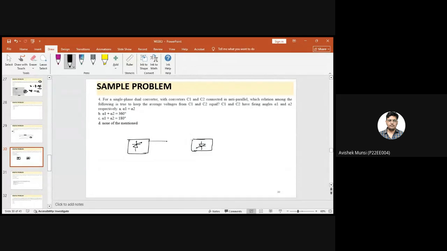You have the load in between of this, and the supply is connected. So you are asked what will be the firing angle if this is C1 and this is C2, the firing angle of this is alpha 1 and this is alpha 2. What will be the relation between these?